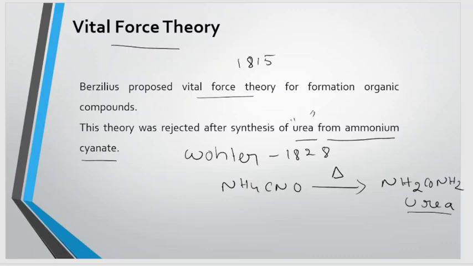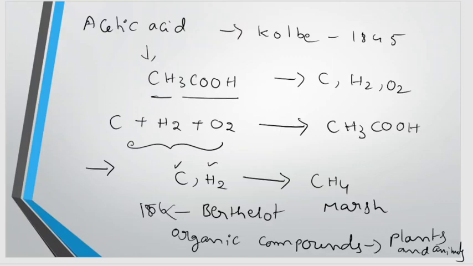The first organic compound which was synthesized from its constituent elements is acetic acid, synthesized by the scientist Kolbe in 1845. Constituent elements means what? If we consider acetic acid, with the formula CH3COOH, the elements present in acetic acid are carbon, hydrogen and oxygen.